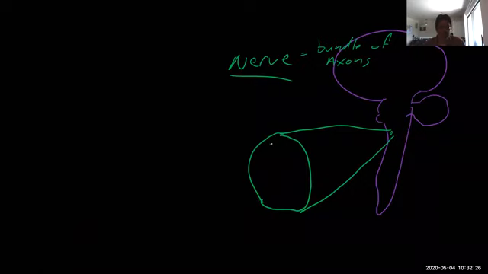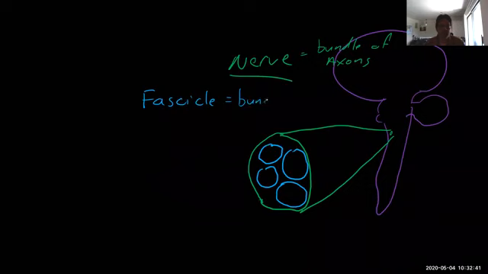So inside here and here, we have these structures called fascicles. And a fascicle is a bundle of axons inside the nerve. Right. So each one of those is a fascicle.